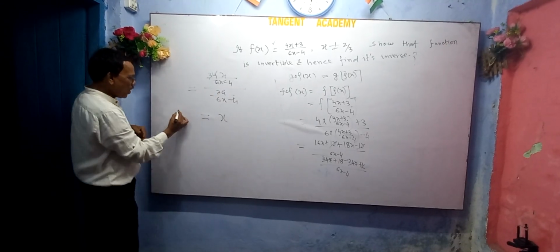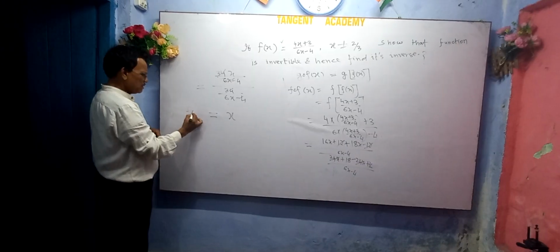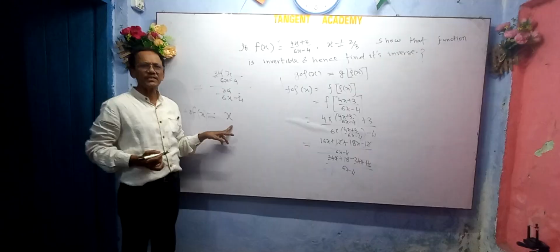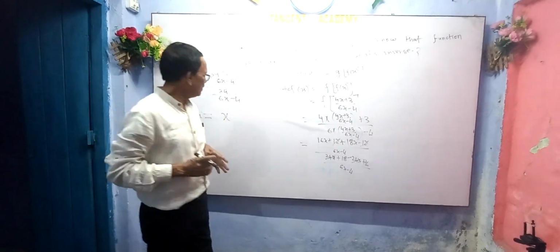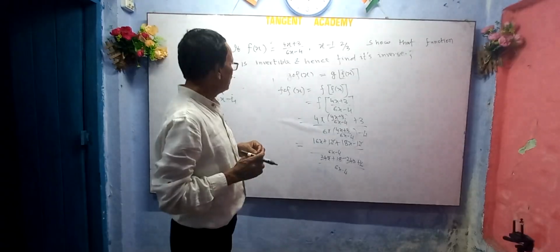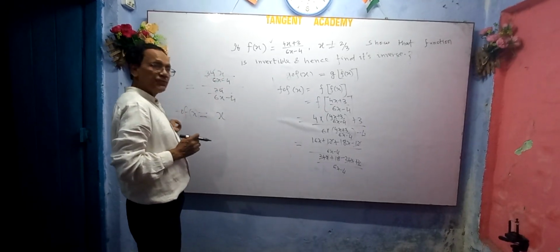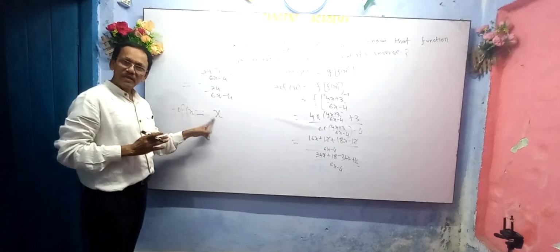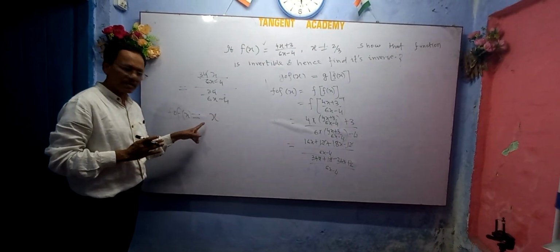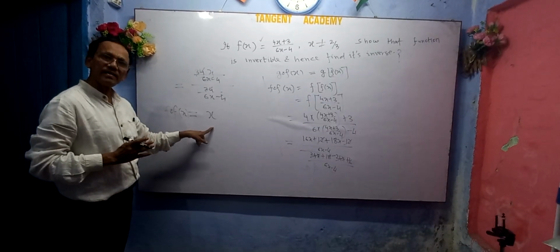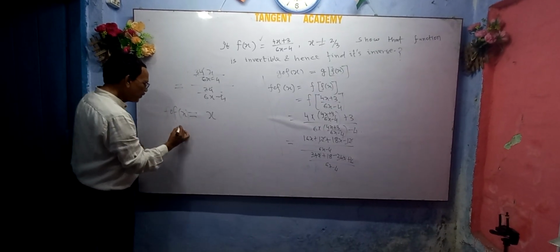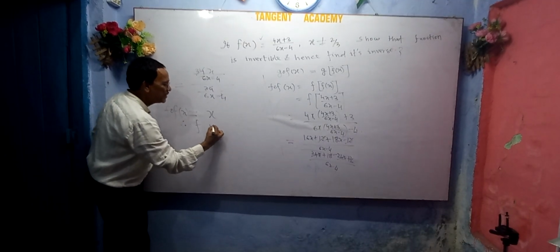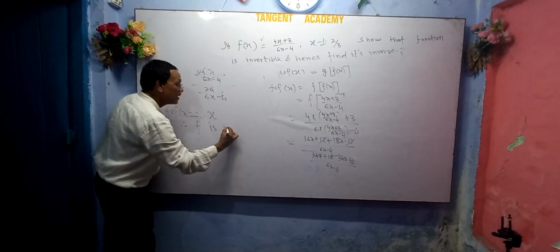So f of f of x is nothing but x, and as we know, if the composition of the two functions f with f is an identity function, therefore f is invertible.